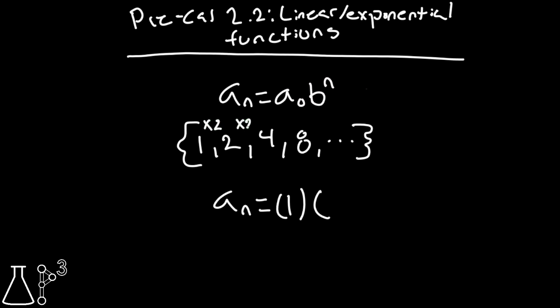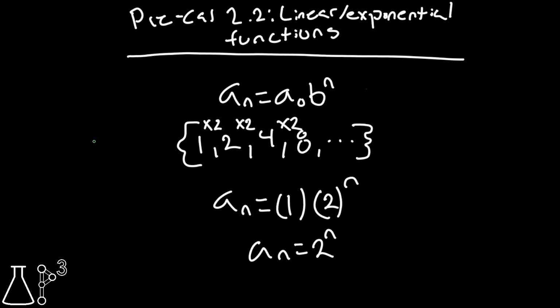Times 2, times 2, times 2. So our b in this case is what we're multiplying each time, right? So 2 is going to be our b, and then n is just our n, right? The 1 we don't have to write. So in this case, our sequence would be a_n is equal to 2^n.